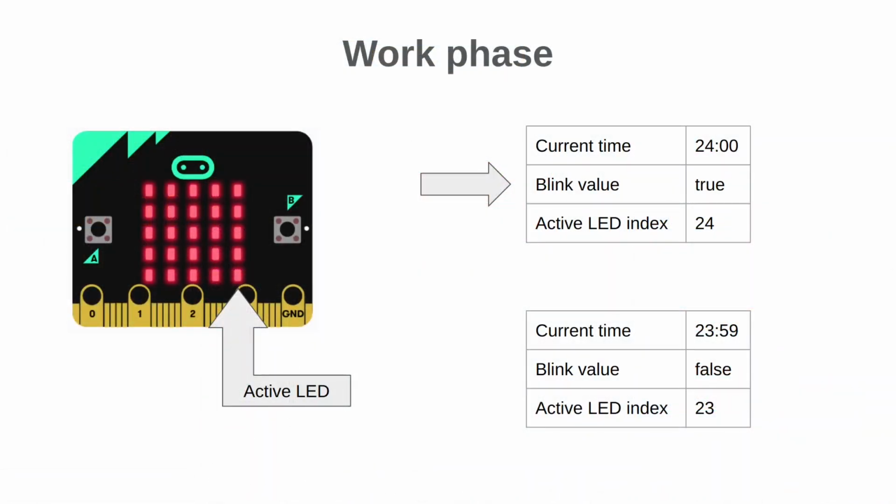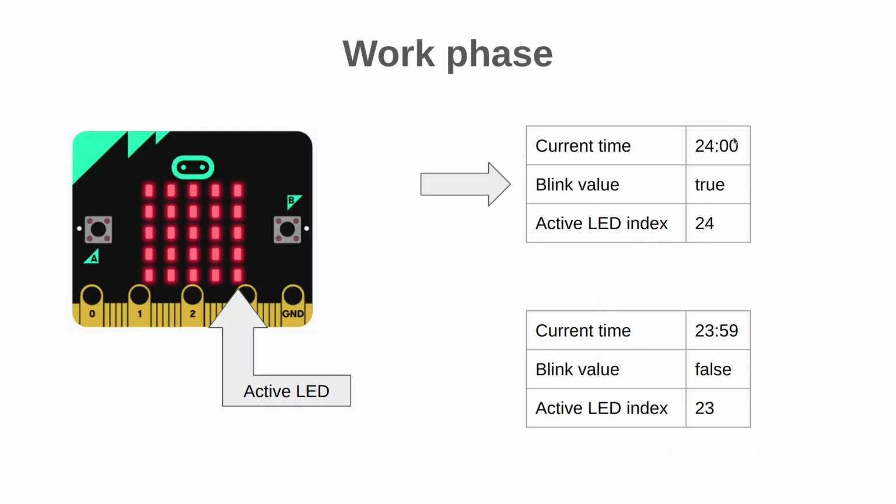Let's take a look at the work phase, and especially at this transition period. So the current time is 24 minutes exactly, and the blink value is set to true. Active LED index is 24 or the last LED. Now we know that blink is going to change from true to false, and in the next tick it will go to false.